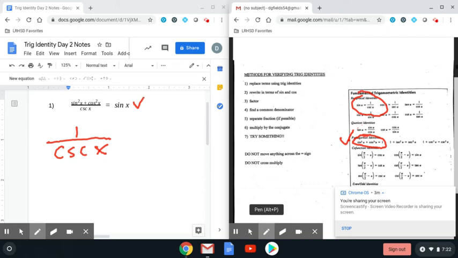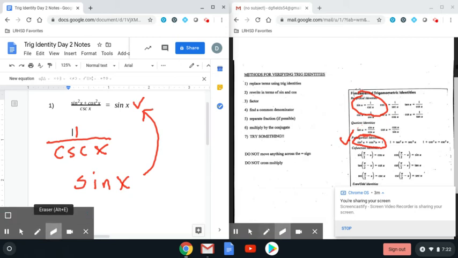So once you have 1 over cosecant, that's really the exact same thing as having just sine of x. And sine of x is the same exact thing as sine of x, so we verified it. All right. Now, before we move on, there are ways that you guys can rearrange this Pythagorean theorem to help you out a little bit more. And we'll see that on the next problem.